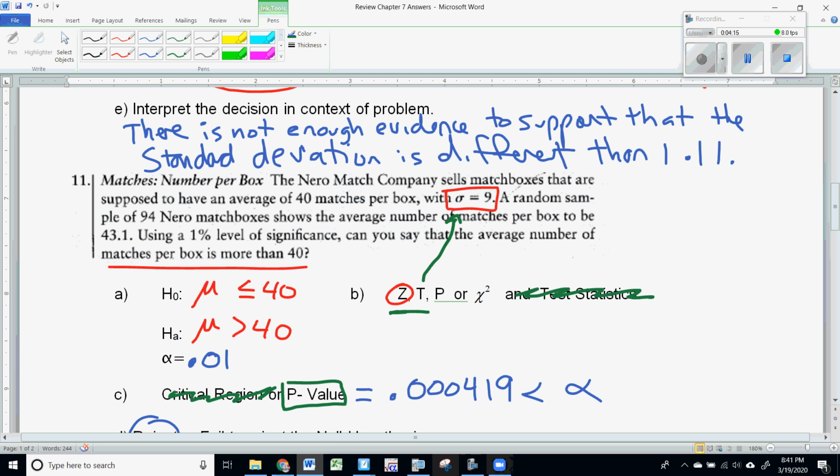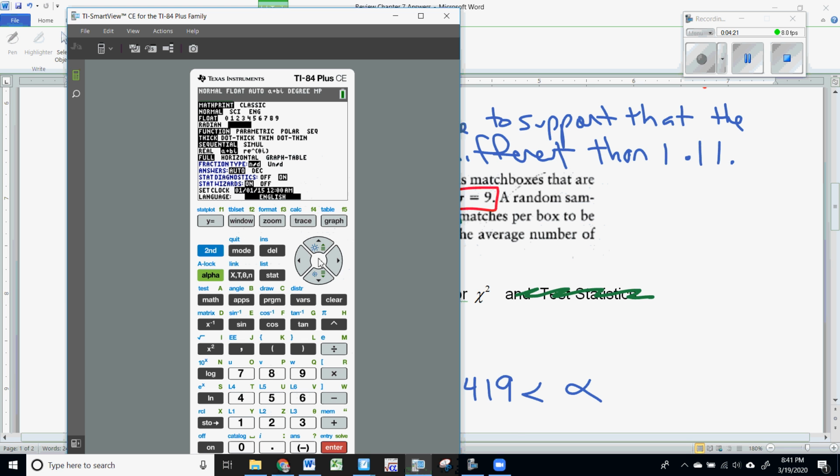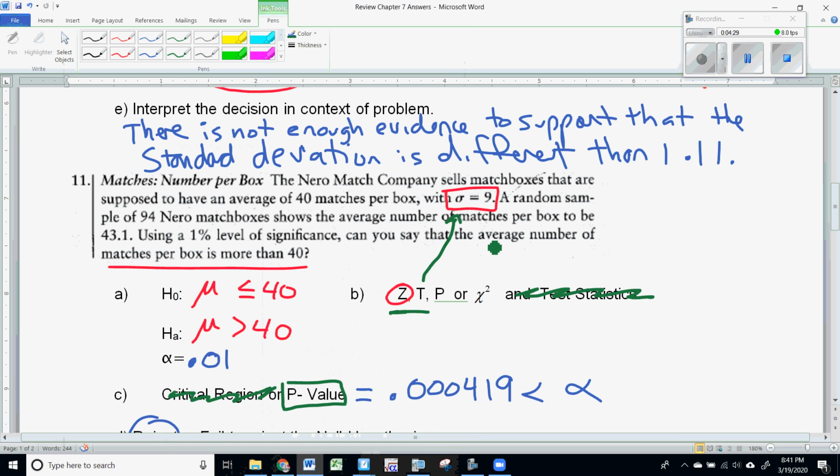And we can put this into our calculator. If you have the calculator, as you know, you can do a z-test. You can type your information in there to get your answer. If you do not have the calculator, you can use the GeoGebra T, Z, and P test to get our p-value, as we've looked at earlier this week.